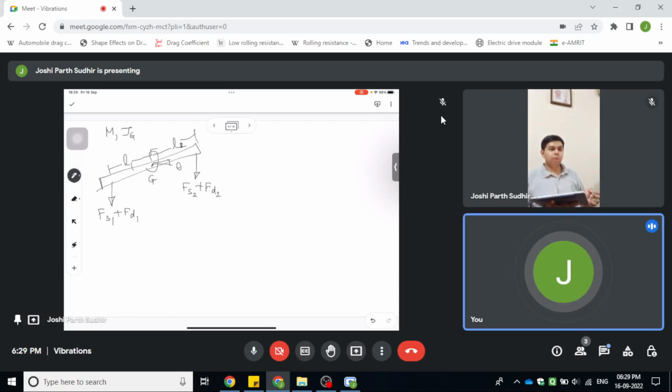So we will have two equations. One is basically applying Newton's second law, and the other is the moment equation.